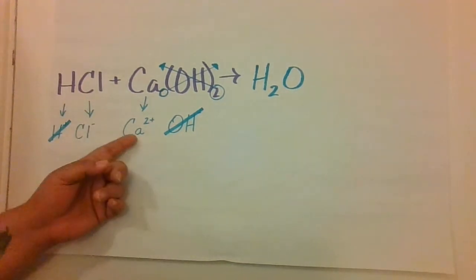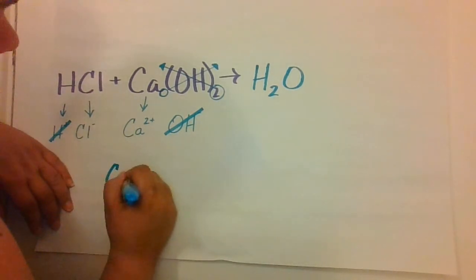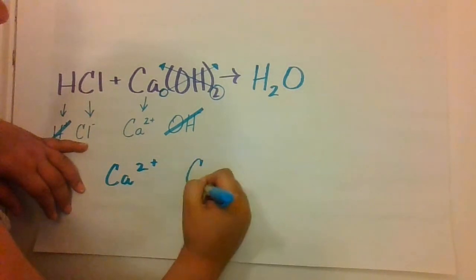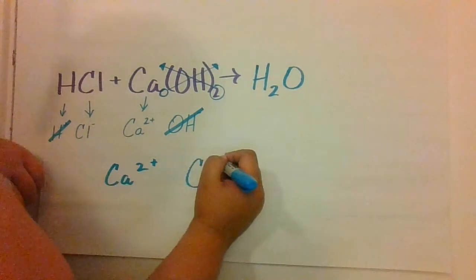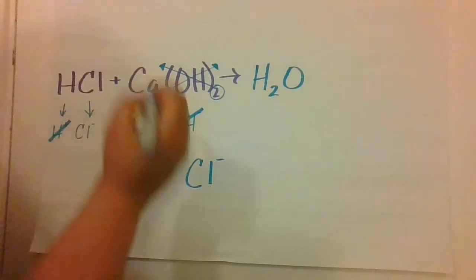Now we're left with a calcium, which is a Ca2+, and we need to combine it with chlorine. So how would we do that? We're going to go back to those original rules of naming and do that lasso right back.